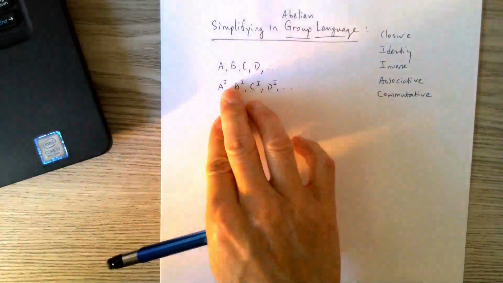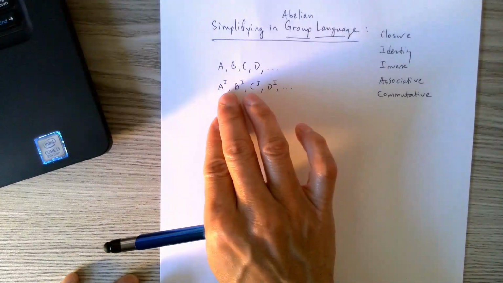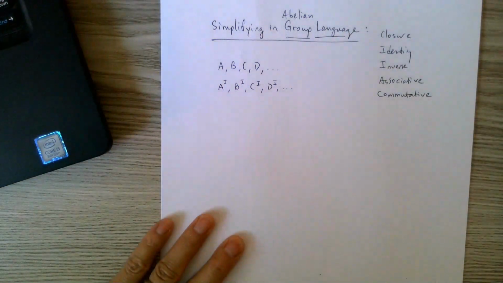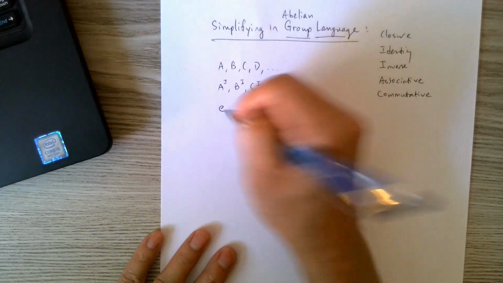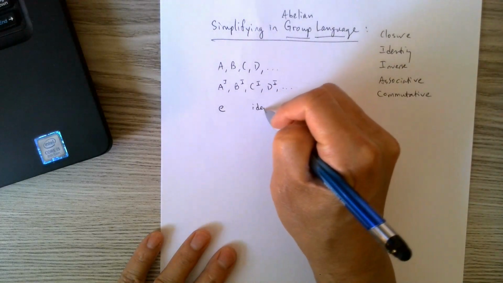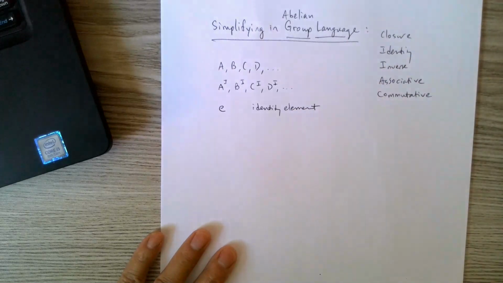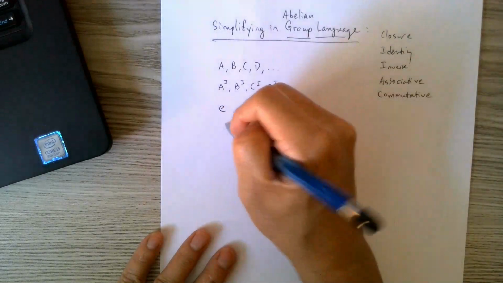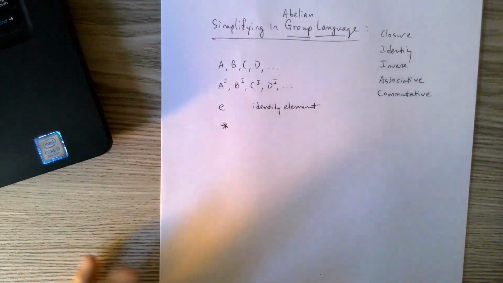That doesn't mean an exponent, it's just an abbreviation of inverse of A. The identity element, I'm going to call it lowercase e. Okay, so that's the identity. And the operation you're going to see is star, or asterisk, whatever you want to call it. I call it star.